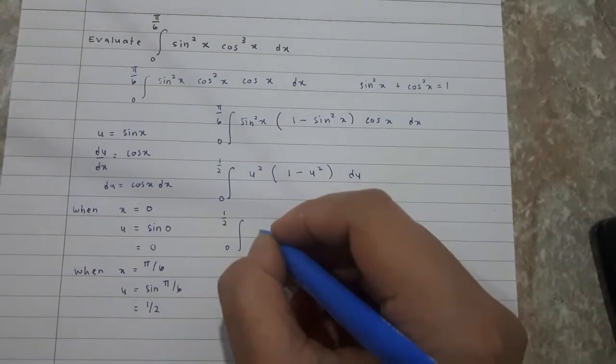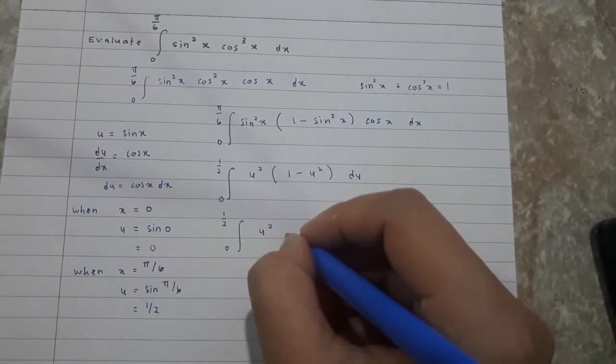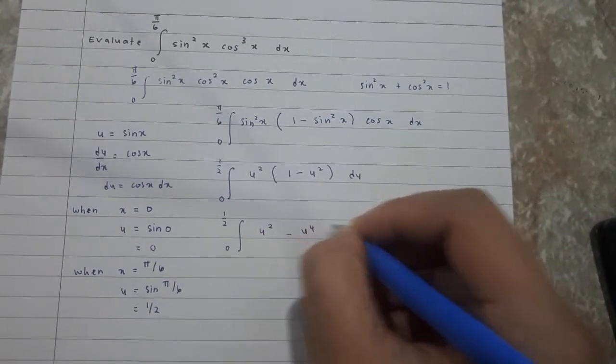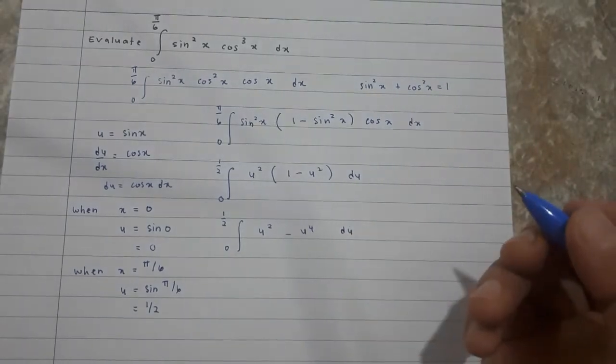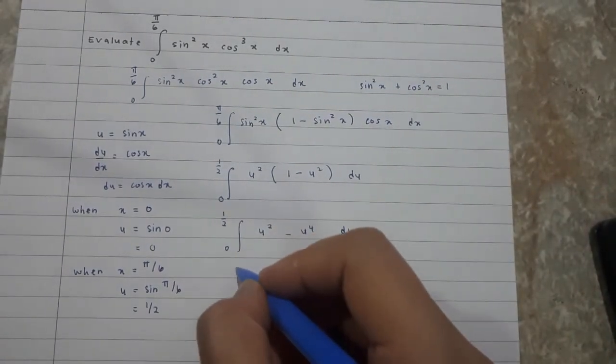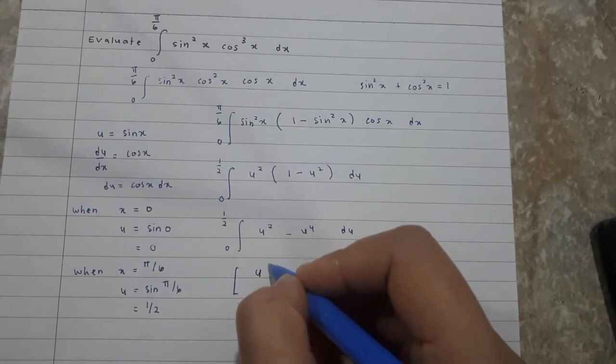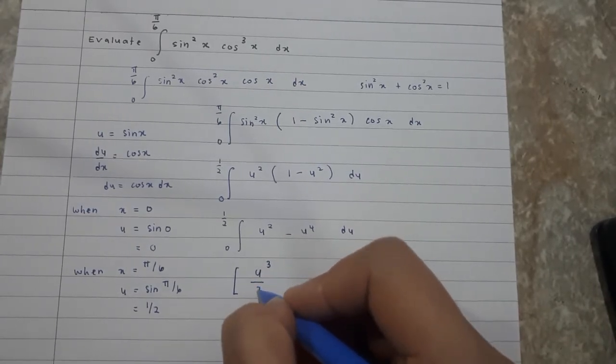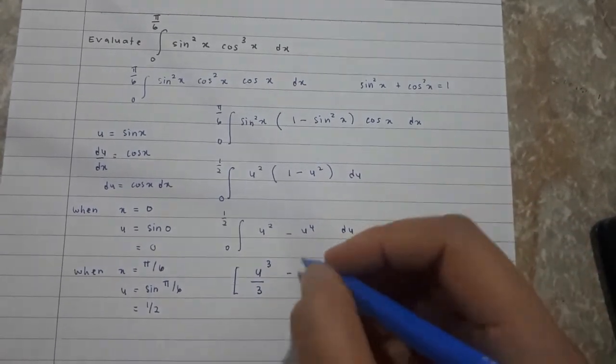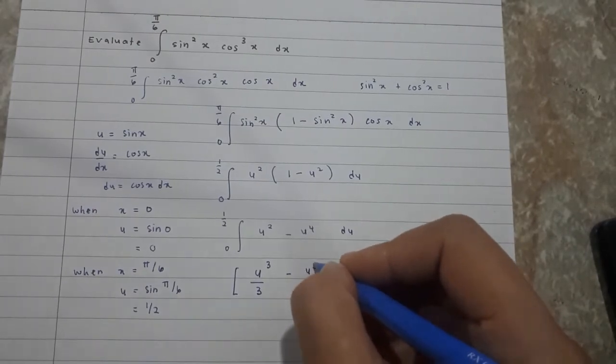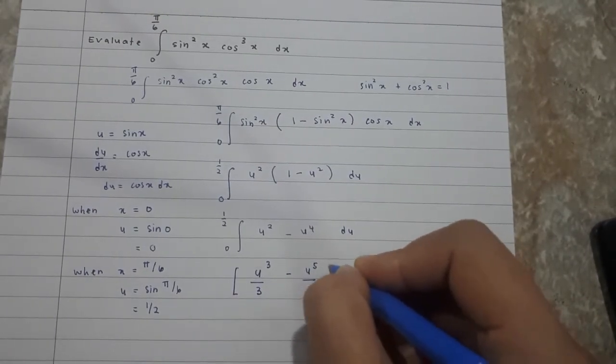Expand. And now we can integrate. Integrate u square, we get u cubed over 3 minus integrate u power 4 is u power 5 over 5.